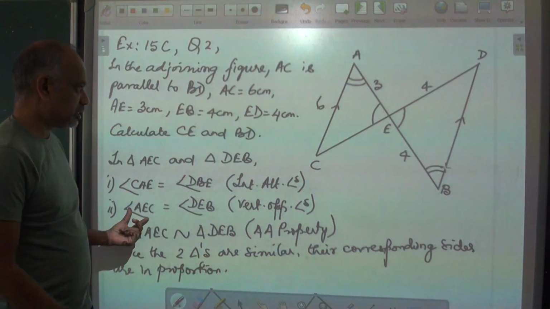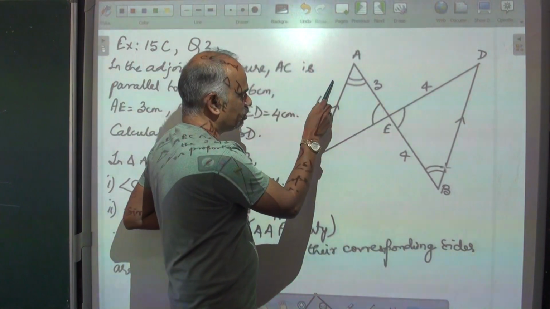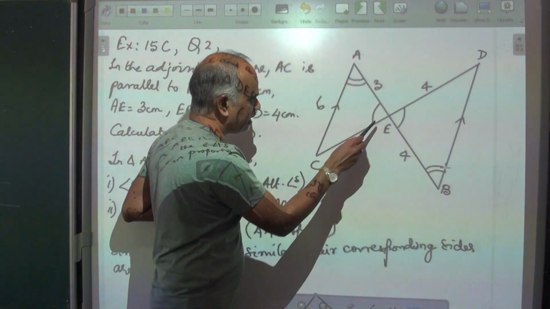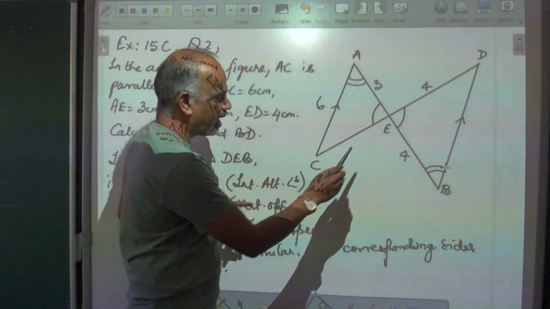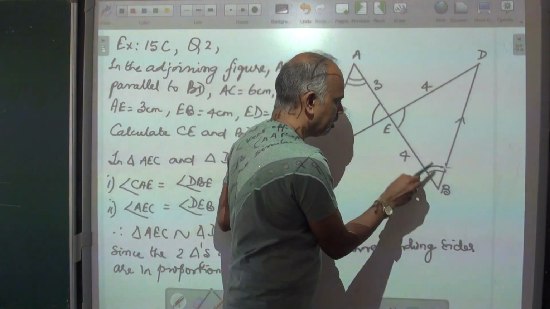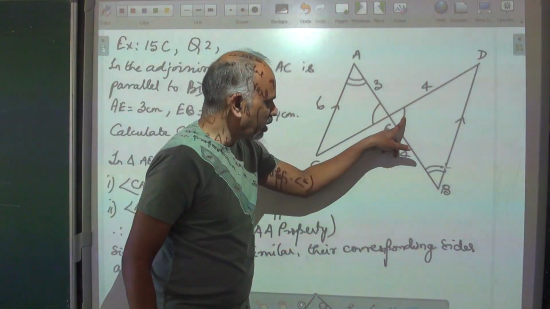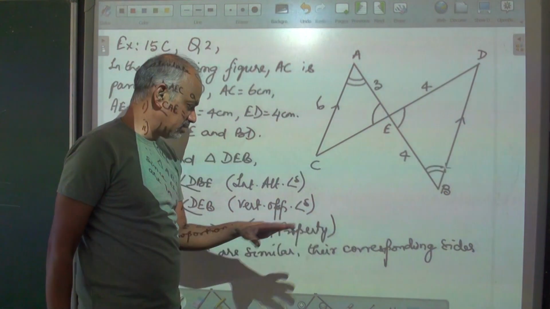The second angle that is equal: to name them, for the first one, this alphabet should be in the middle. So angle AEC is equal to angle DEB, with E in the middle. Why are these two angles equal? They are called vertically opposite angles.